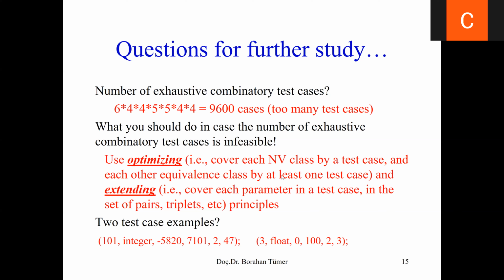We cover each invalid class with a test case, and each other equivalence class, that is each valid class, by at least one test case. All right, so this is the optimizing principle, and we have to apply this to reduce this infeasible number of test cases into an optimized one.